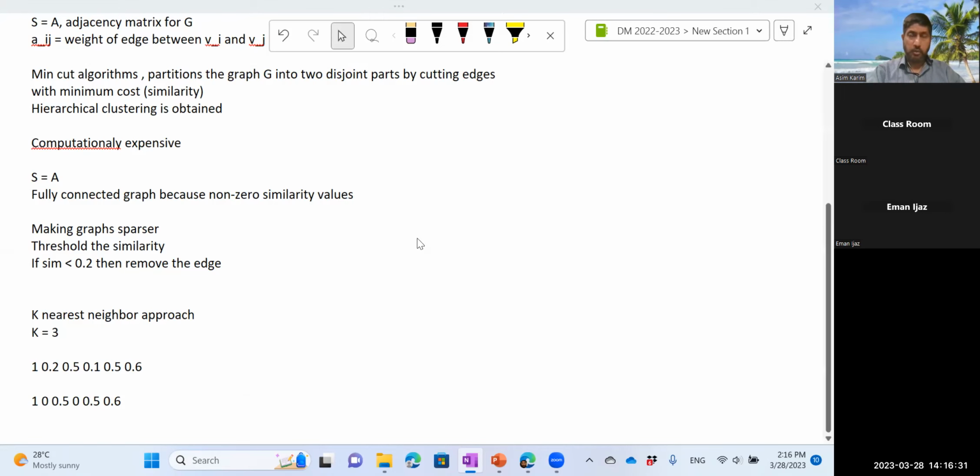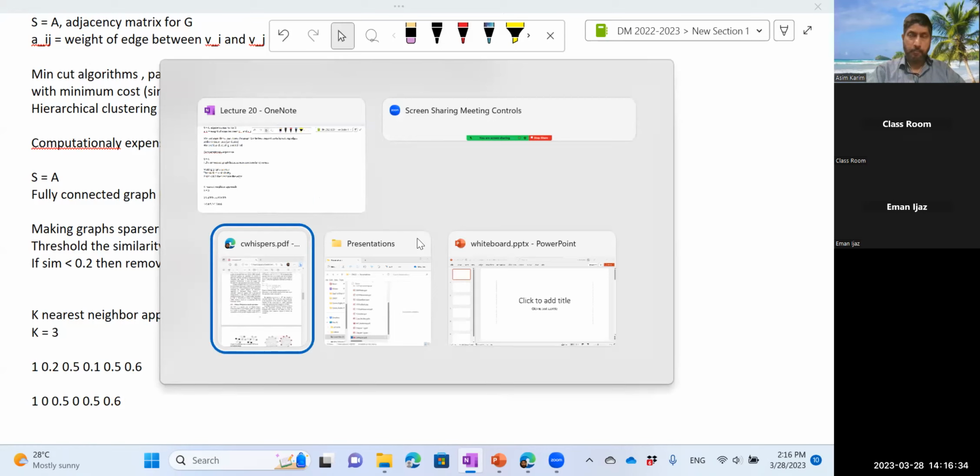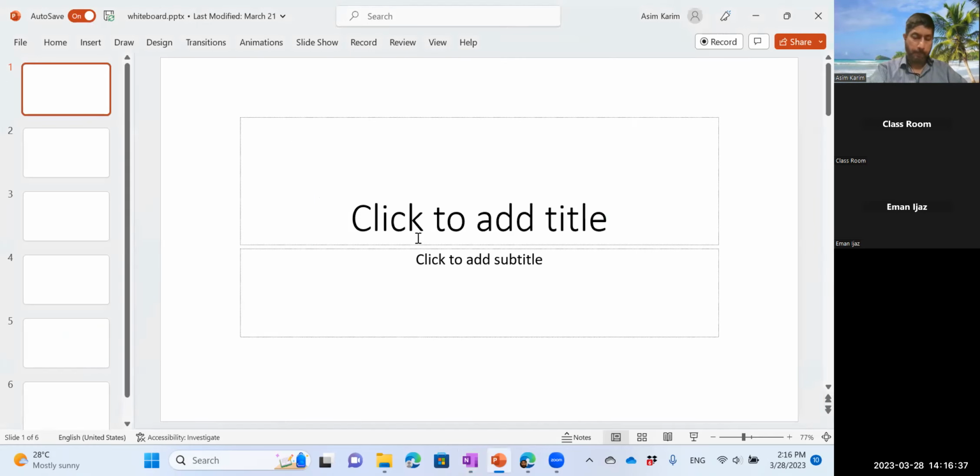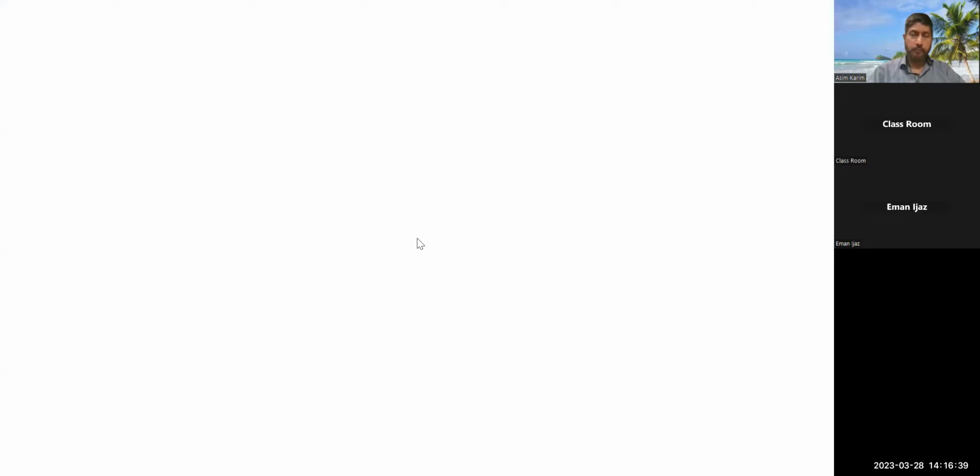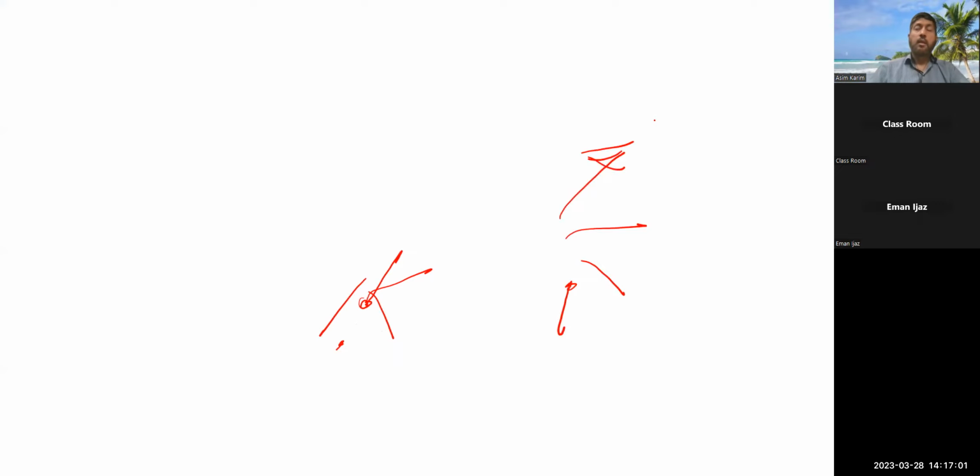If I want to draw this, you have a node with, say, four edges going out. Only the three with the highest similarities, the top three, will be retained. Let's say this one on top you cut, so you will delete that, because its similarity is not among the top three similarities associated with this object.